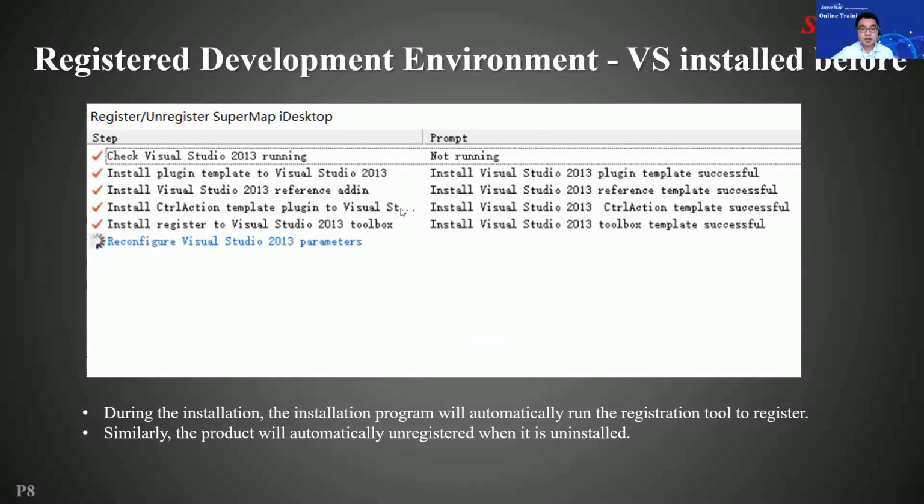You can see when you run the SuperMap setup program, you will find this dialog. It will find Visual Studio automatically and put the plugin in the Visual Studio software. And when you uninstall the SuperMap software, it will also unregister the tools.